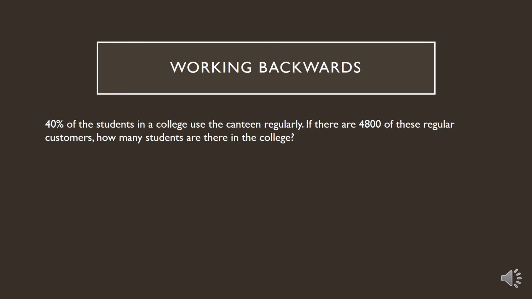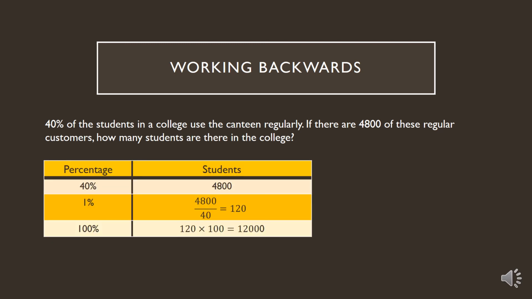In this case, I often use a table like this. We have 40% equates to 4,800 students. So it's a little under half. It's worth estimating your answer. I'm going to guess it's a bit over 10,000, just to make sure it works out okay.